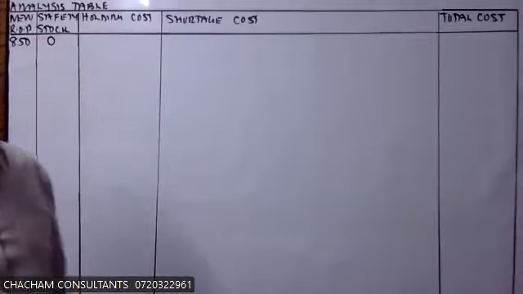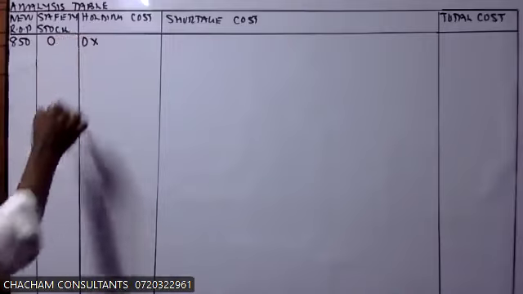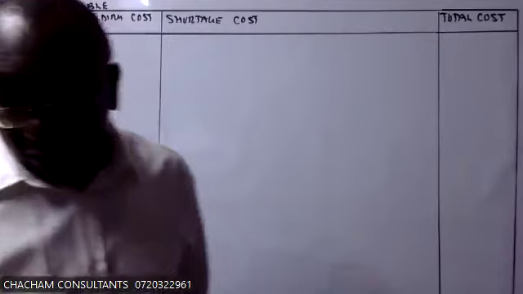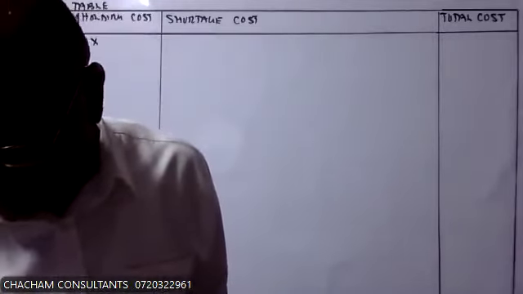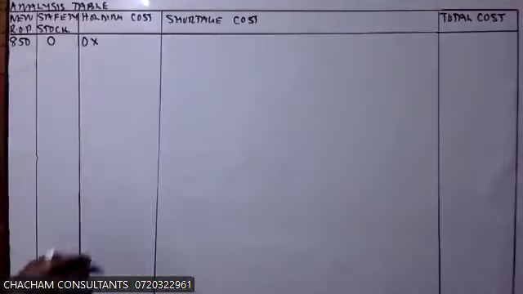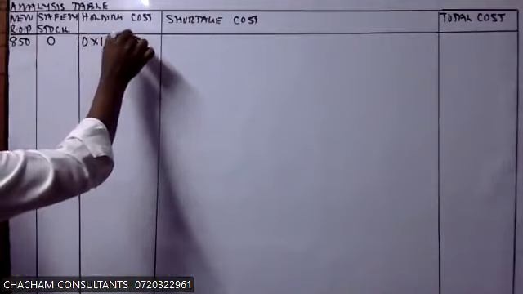So our holding costs will be 0 times 1,000. The holding cost was 1,000. So times 1,000, and that gives us a 0.